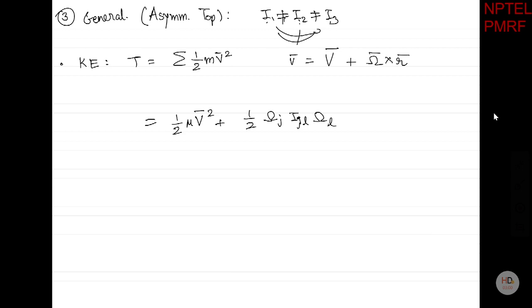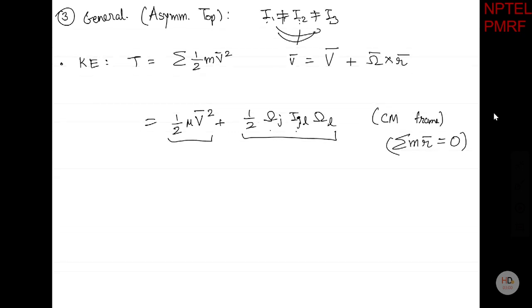So first of all, we have used that it's in center of mass frame, so that the sum of m times r is equal to 0, right? The first term is the energy coming from the center of mass, the translation energy, and the second term is due to rotation.